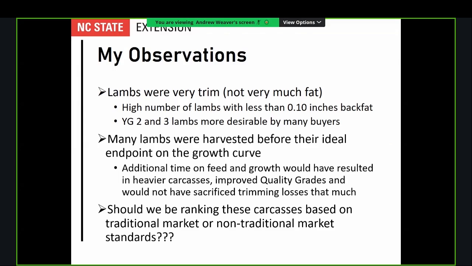So based off of the dressing percentage, knowing that Dorpers are very quick to mature, very early maturing, how would we direct our commercial breeders into maybe looking to identify where that perfect sweet spot is on the market?